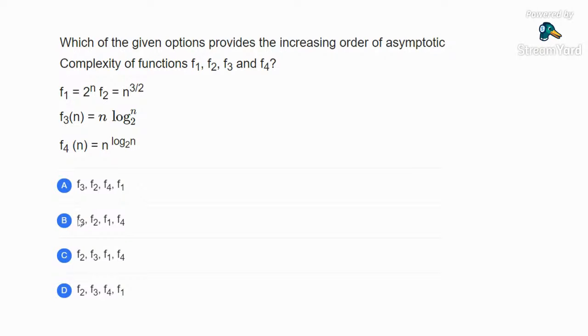If I increase the value of n, if n is equal to 32, then f1 will become 2 raised to power 32, whereas f4 will become 32 to the power 5. 32 can be rewritten as 2 raised to power 5, so 2 raised to power 5 to the power 5 is nothing but 2 raised to power 25. So 2 raised to power 25 here and 2 raised to power 32 there.